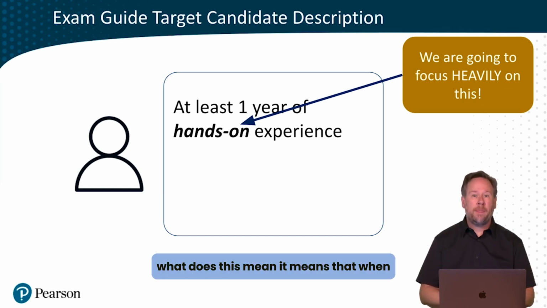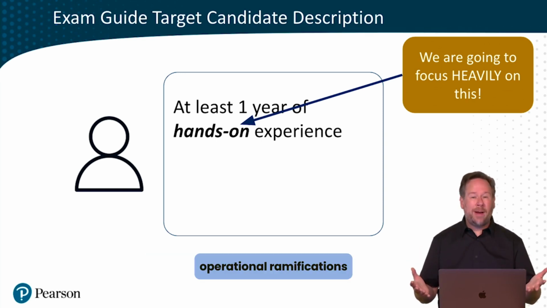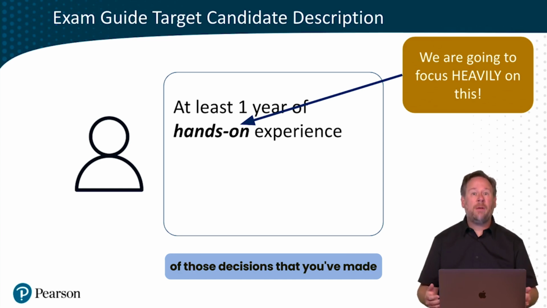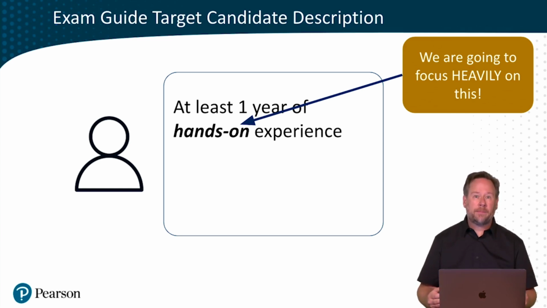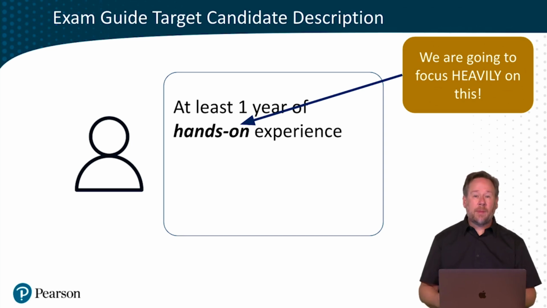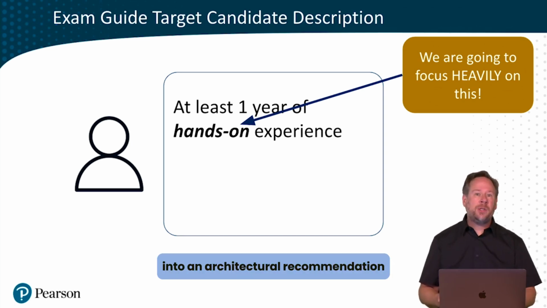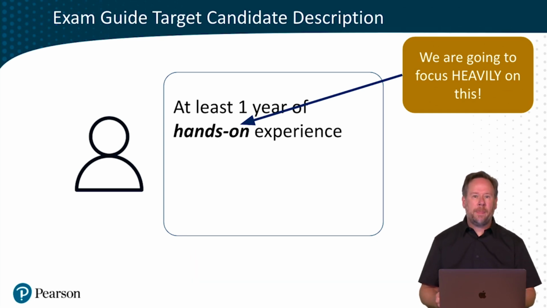What does this mean? It means that when you make an architectural recommendation, you need to understand that there are operational ramifications of those decisions that you've made. If all you've done is read technical guides and user guides and white papers, you can absolutely learn how to translate from a technical requirement into an architectural recommendation with services and features.